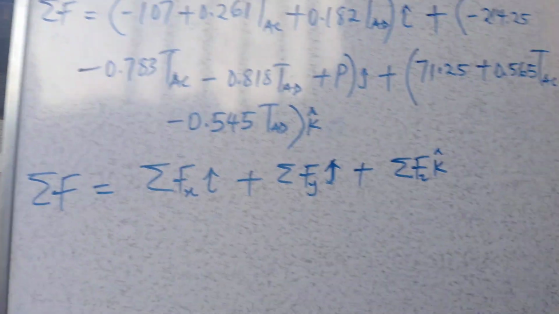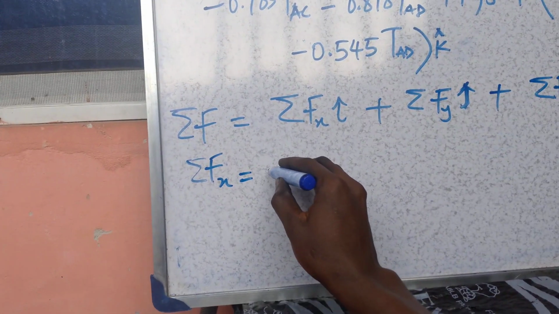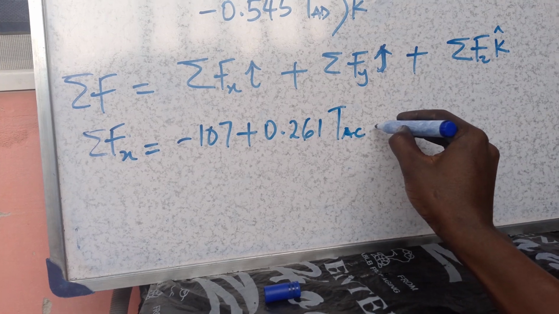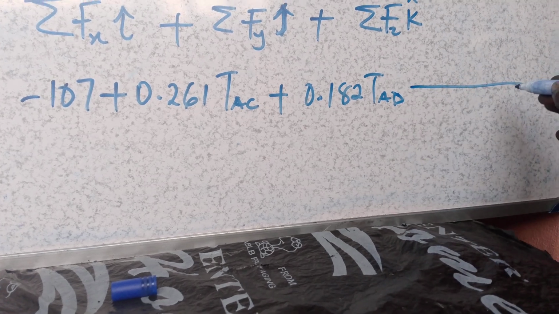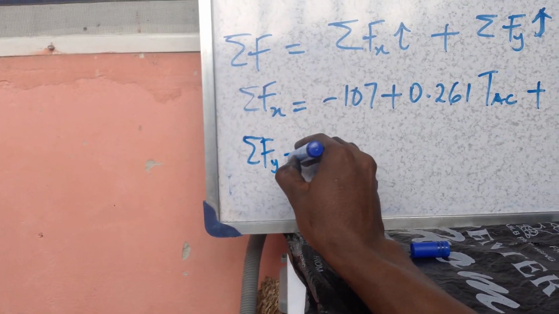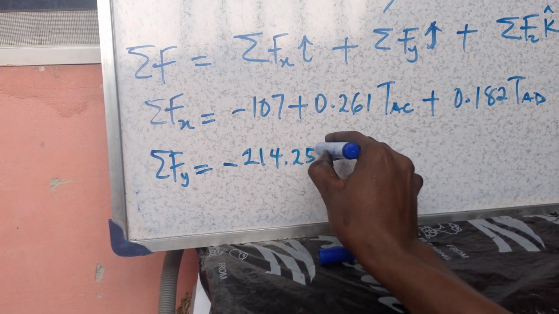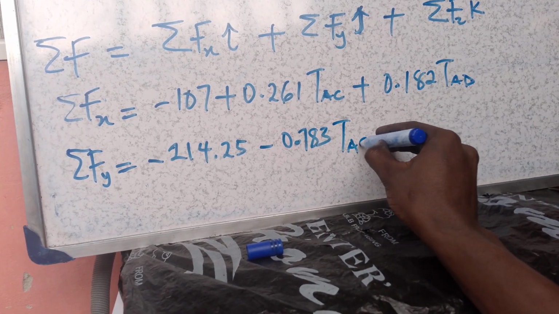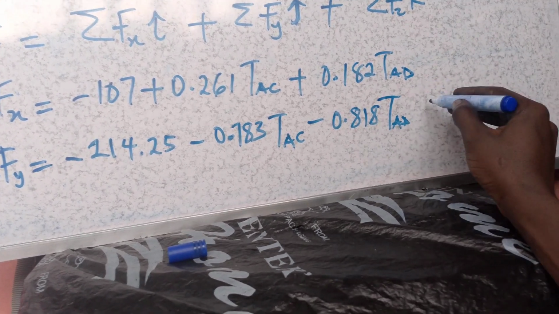So I'll be having sigma Fx equal to minus 107 plus 0.261 TAC plus 0.182 TAD. Okay, don't call it an equation yet. Leave it. Then this is sigma Fy equals to minus 214.25 minus 0.783 TAC minus 0.818 TAD plus what?